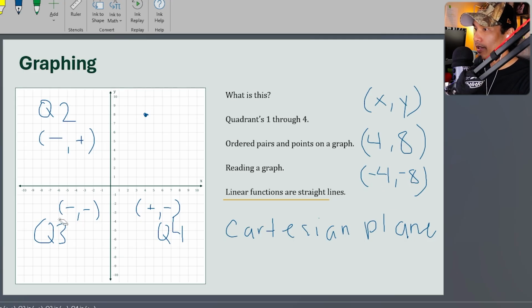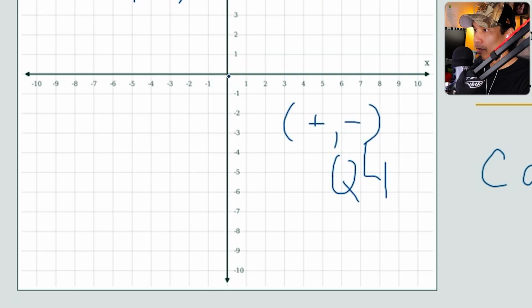So we're going to put this somewhere in quadrant 3. So I'm going to erase that. And I'm going to go to my x-axis and I read the x-axis first, okay? And then I read the y-axis second. So I would go -4 over here, and then I would go up or down 8, okay? And then that's my point right here.